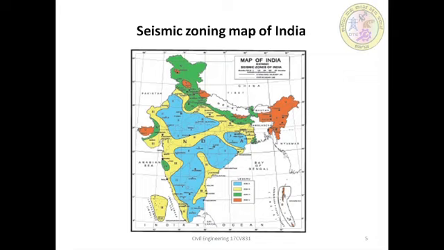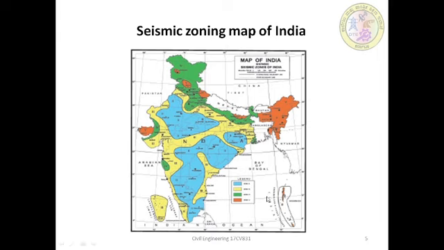Zone number 2 is blue in color, zone number 3 is the yellowish color, followed by zone 4. Like that, different colors are there.